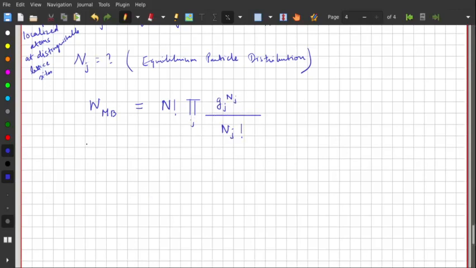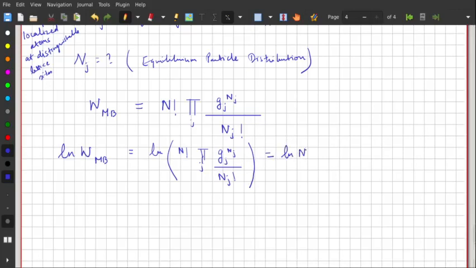Let's take the log of both sides, the log of W_MB, and this becomes log of n factorial product of j gj nj over nj factorial. By using the properties of the logarithm function, this can be written as log n factorial plus log of the product of j gj nj by nj factorial.